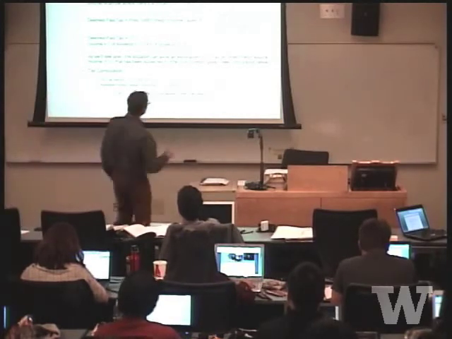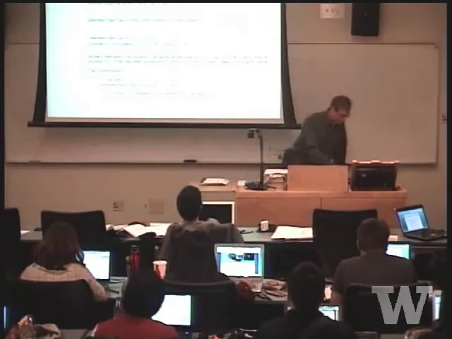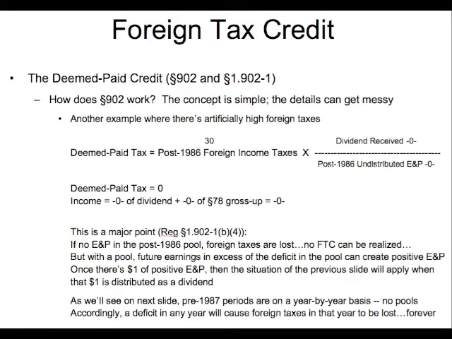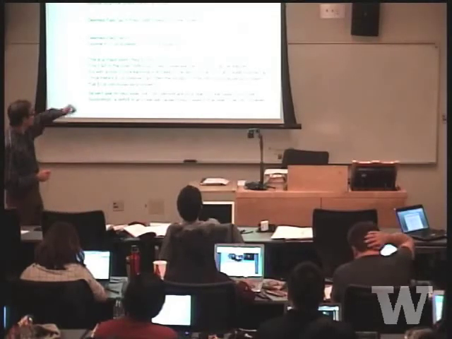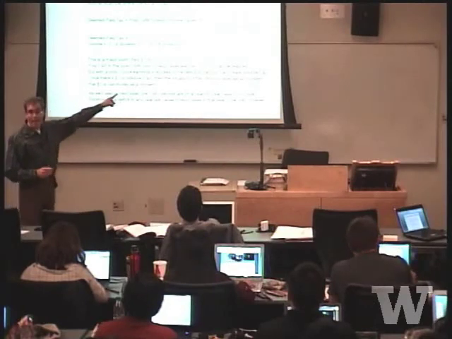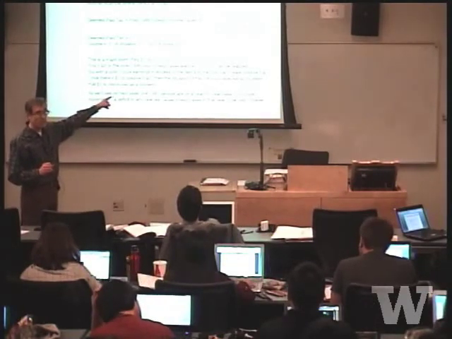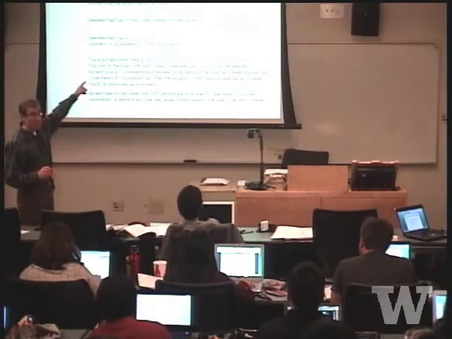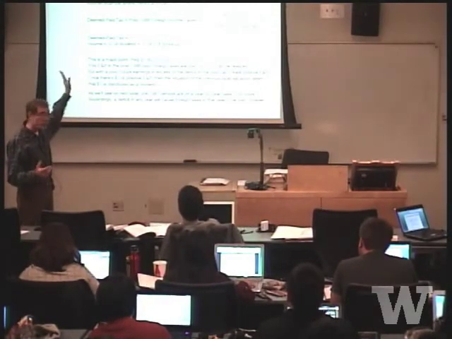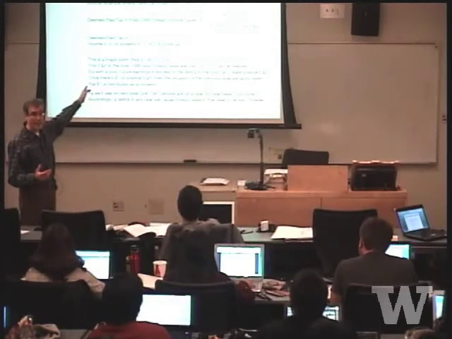Now let's hit the next slide. And in this example, we have, for earnings and profits purposes, a loss. But for foreign purposes, there was income and there's still that same 30 of tax.